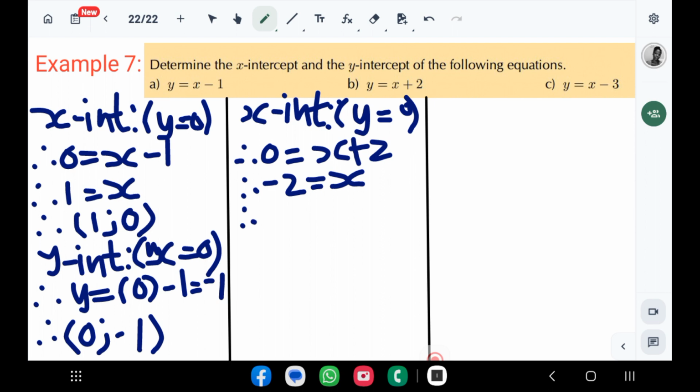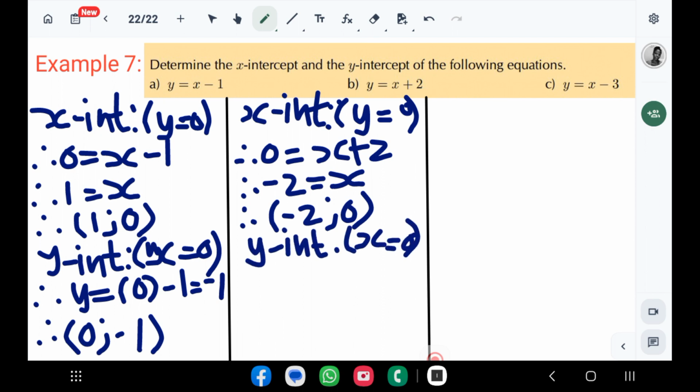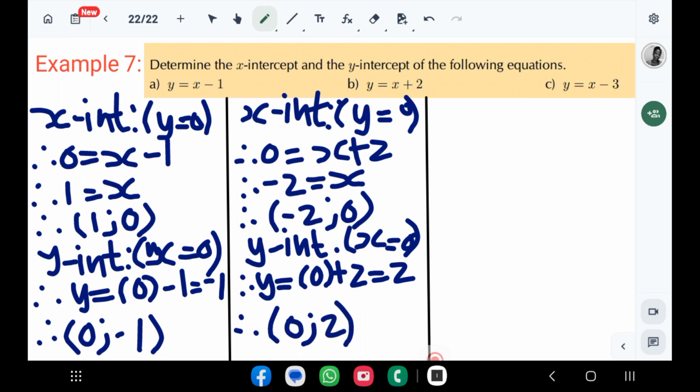Therefore, the point is (negative 2, 0). For the y-intercept, make x 0. Therefore, y equals 0 plus 2, which equals 2. Therefore, the point is (0, 2).